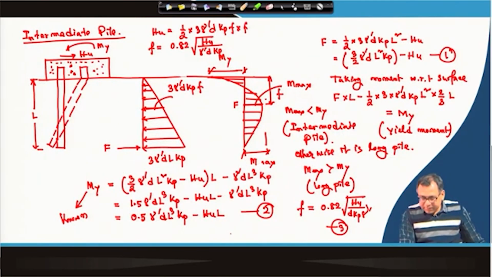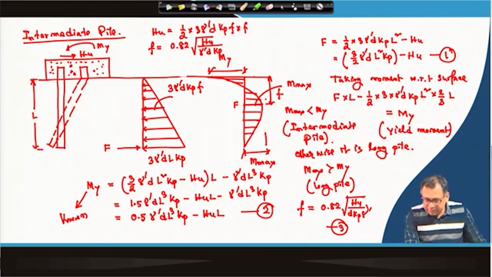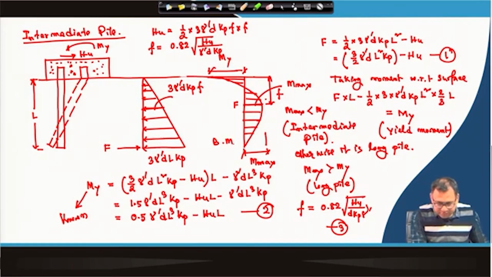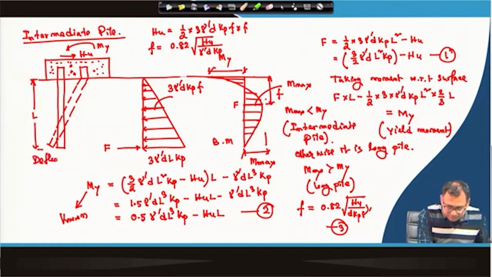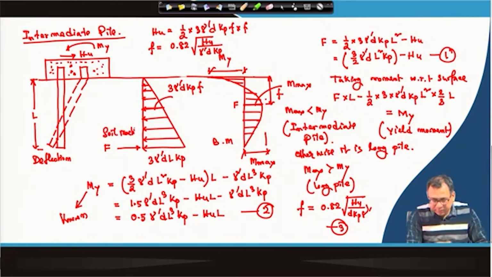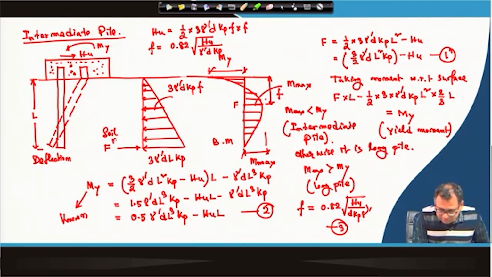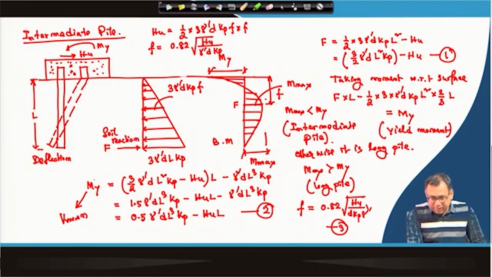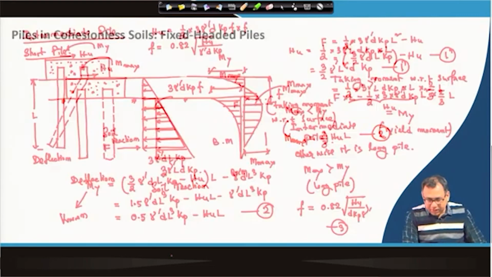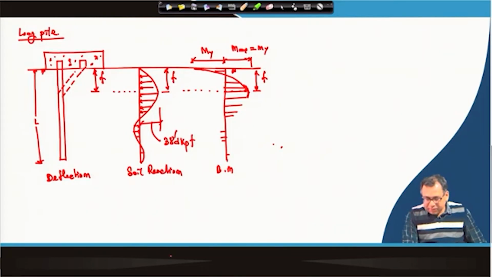Okay. So, this is the bending moment, this is the deflection, and this is the soil reaction. So, these are the different diagrams. So, here also I have drawn all the cases.